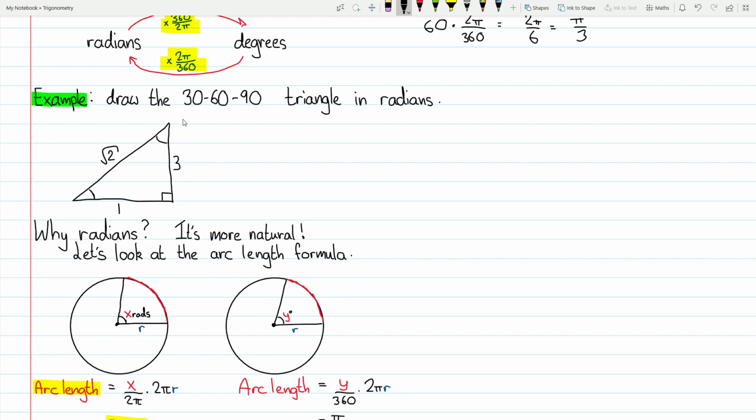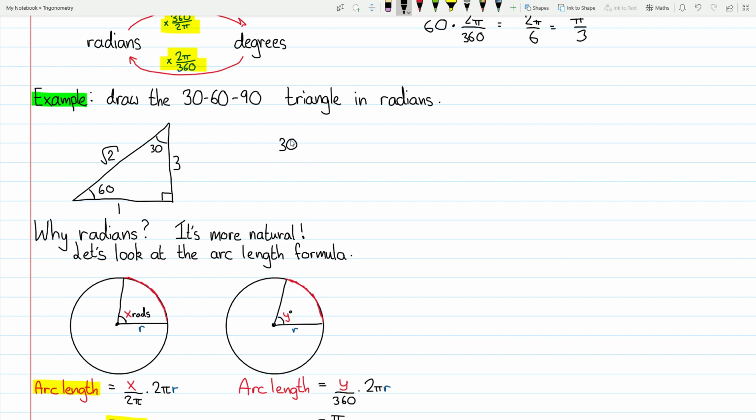So we know that our angles should be 30 and 60. The longest side should correspond to the largest angle, so I think that this would be 60, this would be 30. But we want to convert it to radians. So what's 30 degrees in radians? Well, there's 2 ways we can go about doing it.